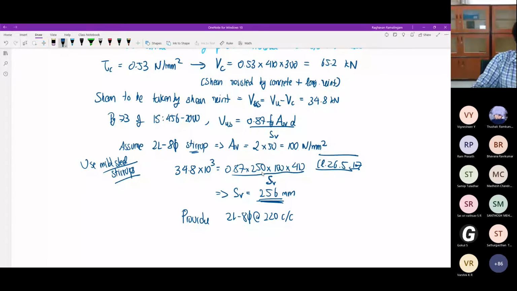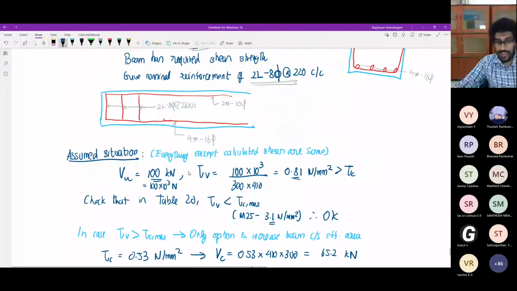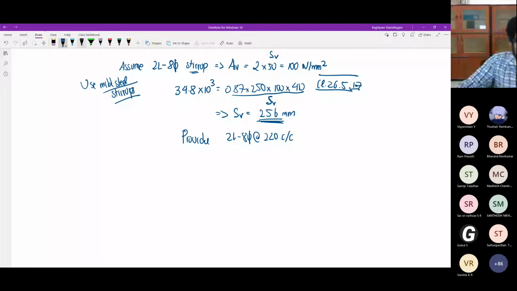So this is the length of my beam. Critical section is somewhere, say, over here. And similarly on this end also. Somewhere over here is the critical section, which is at d from the face of the support. Based on the critical section, we have calculated some shear force and given the reinforcement.